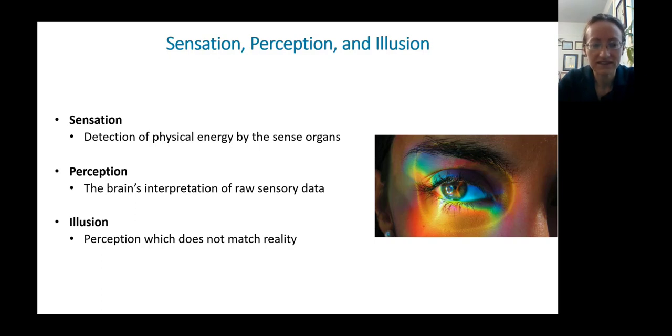The difference between sensation and perception is the difference between how light enters your eye and is focused on the retina and stimulates retinal cells to fire and send a message up the optic nerve. And that's transduction. Okay. Transduction is about how stimuli from the environment are converted into that electrochemical language of the nervous system.